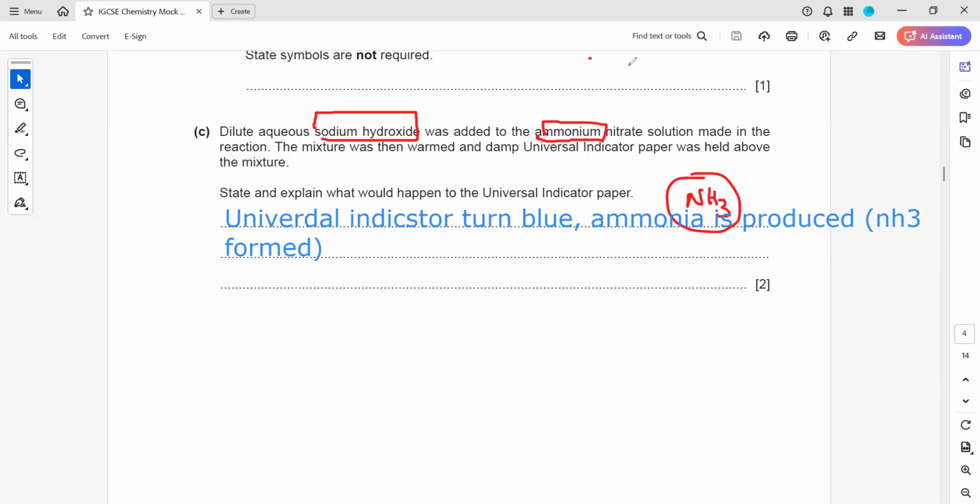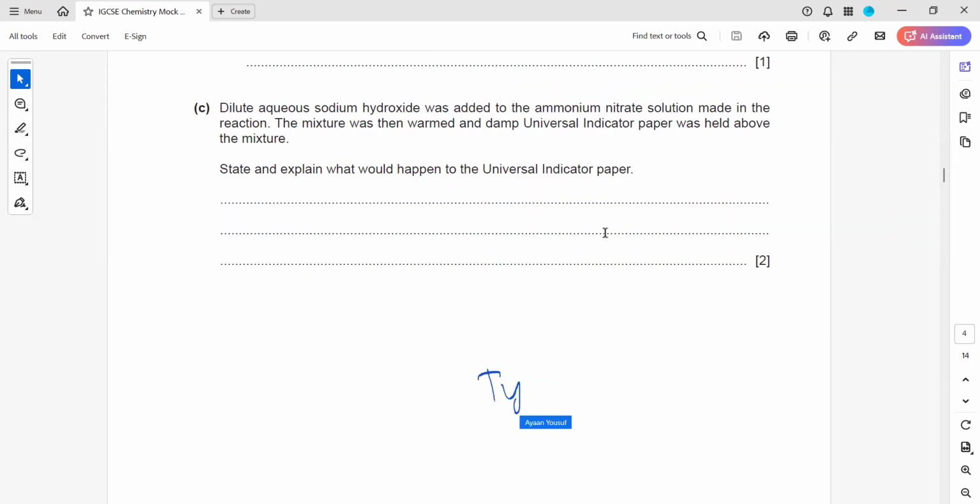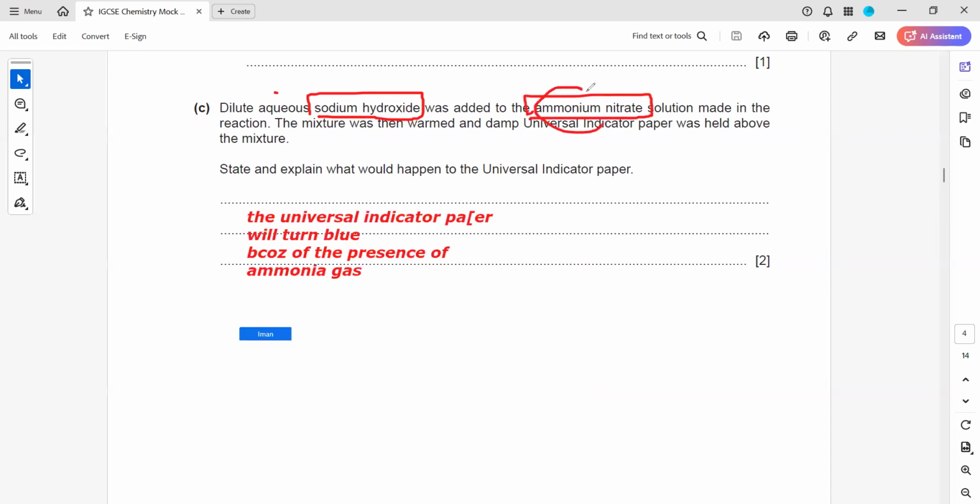So indicator, universal, spelling. How do you know ammonia is an alkaline gas? Well, ammonia is released whenever you have an alkali like sodium hydroxide and you have an ammonium salt. So any ammonium salt, ammonium nitrate, ammonium sulfate.